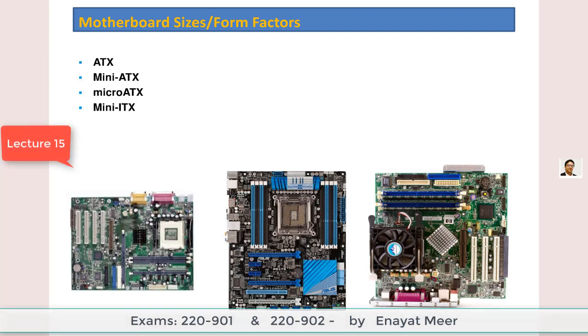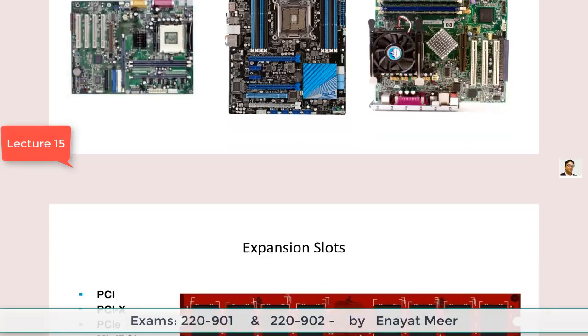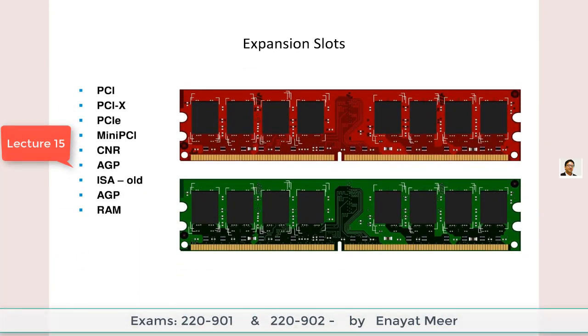Then we had a Micro ATX. Then we have a Mini ITX, and there were a few more versions and form factors of the motherboards. You can go and buy these days actually some newer versions as well, with newer form factors.